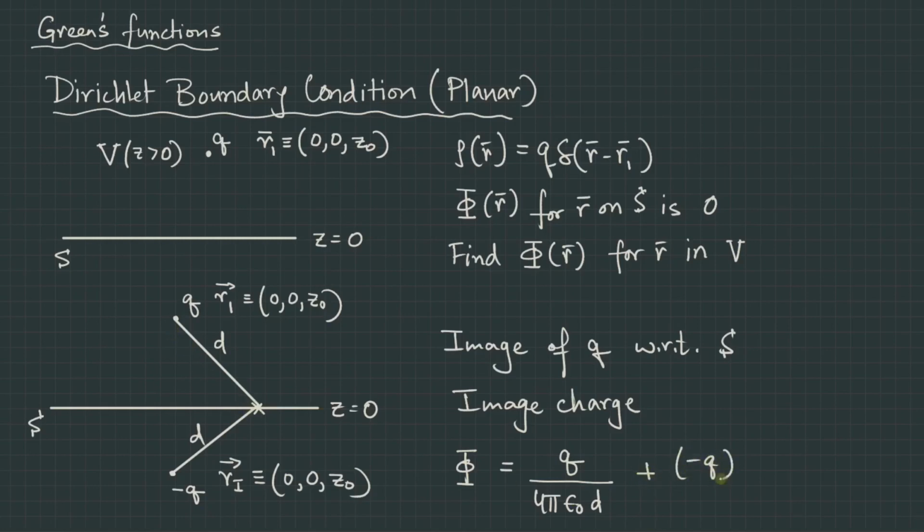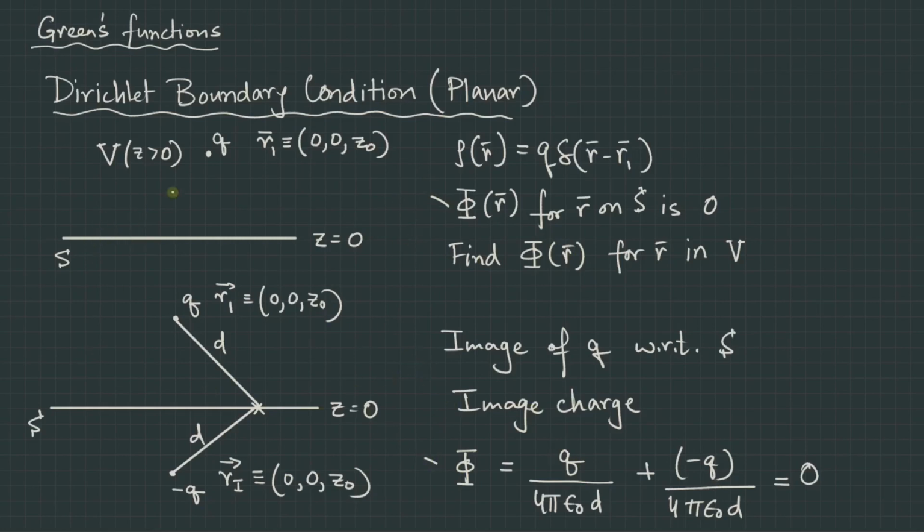And similarly, here we will have minus q and the same distance d, because both the charges are equidistant from the surface. This is because of the mirror symmetry. And we see that this is 0. So in both the cases, the potential on the surface is 0. Alright? So this is equivalent to this.